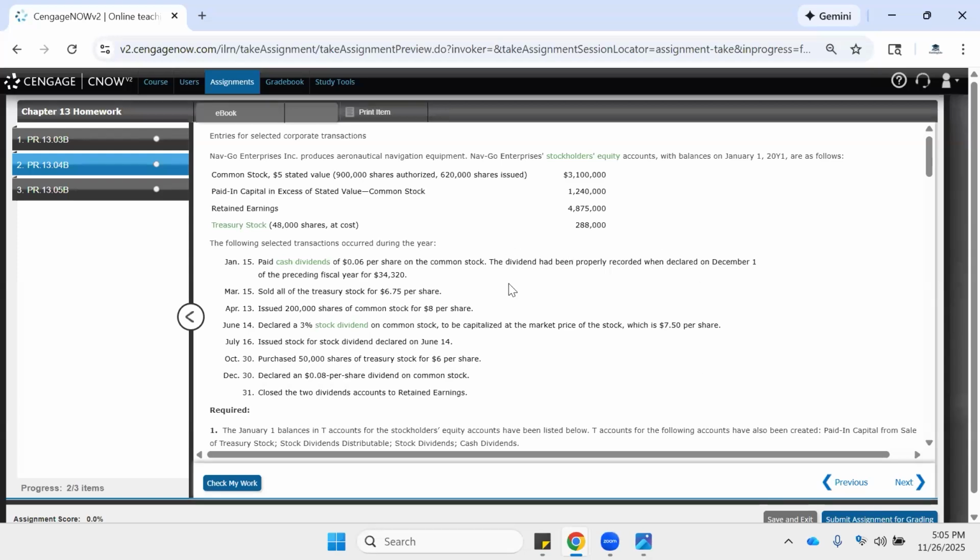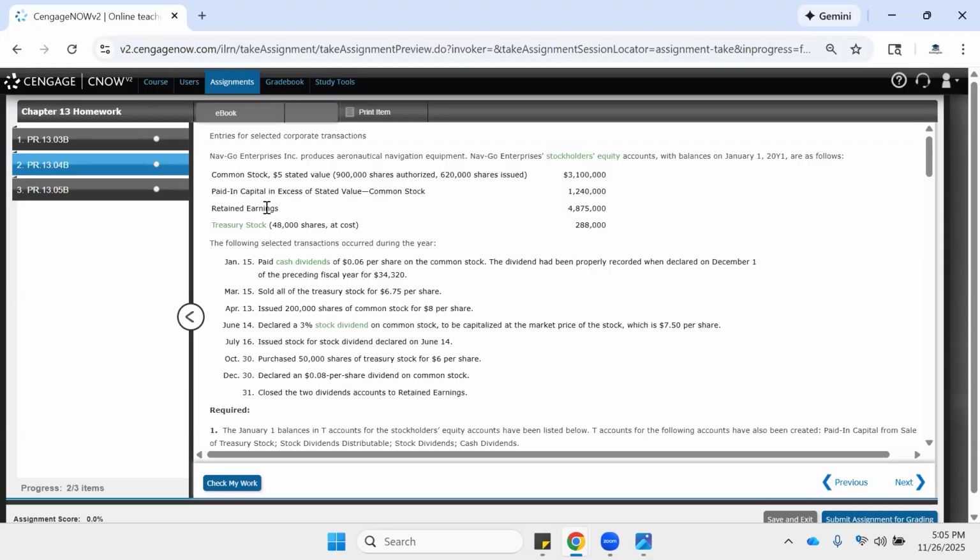If we remember, there's three types of shares that a company can have, and the largest group is shares authorized. The board authorizes the sale of shares. Then the company has to issue the shares after they're authorized, and so they have 620,000 shares issued out of 900,000 shares authorized, and then there's shares outstanding.